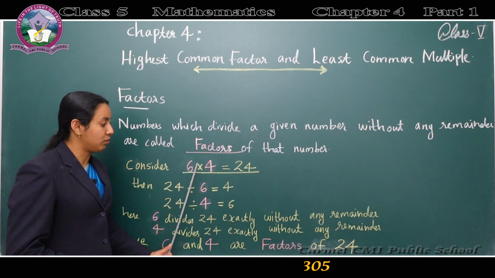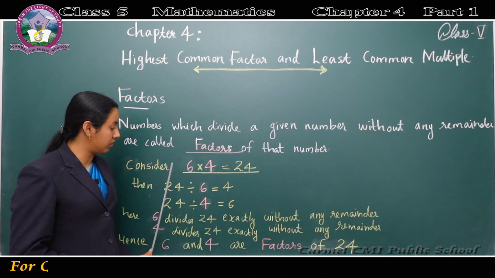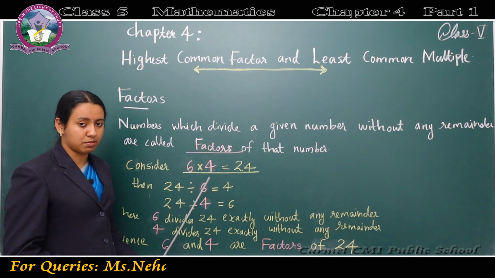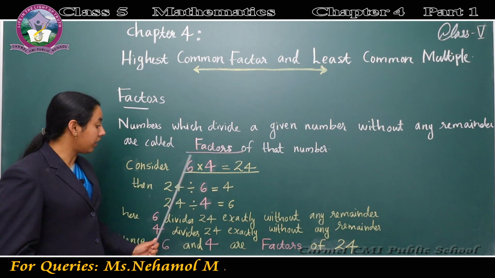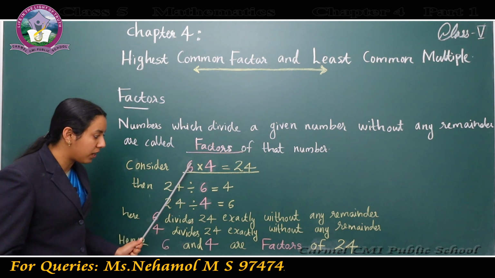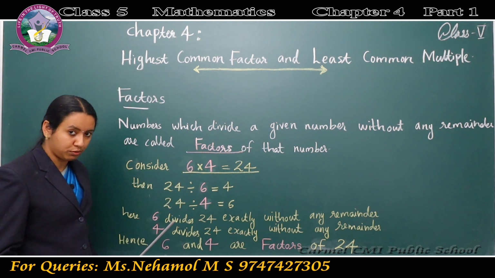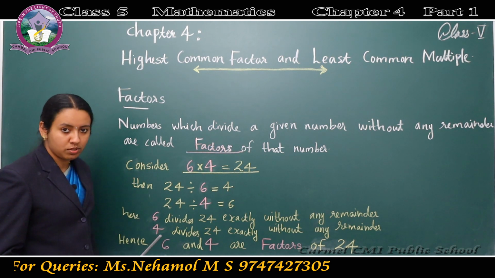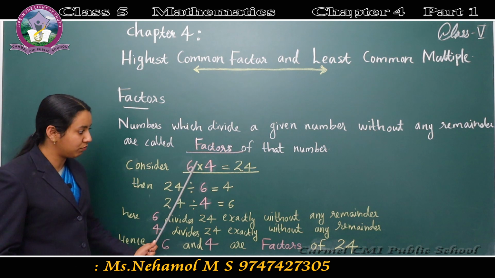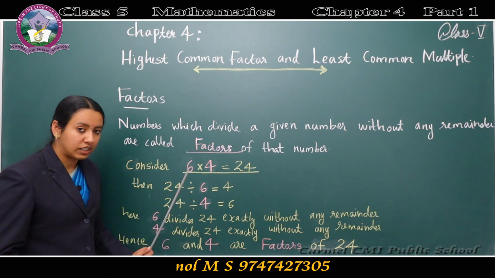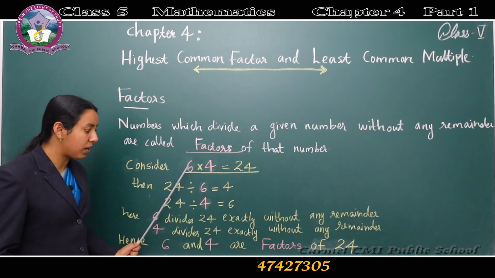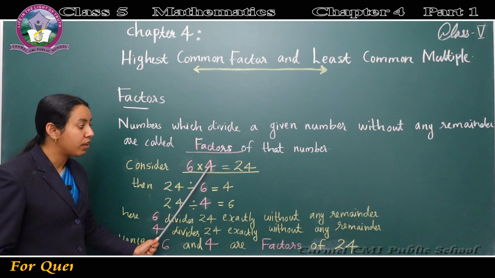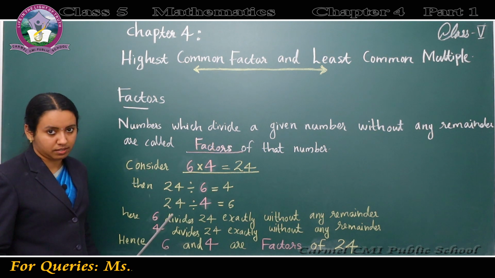Consider a multiplication fact, 6 into 4 equal to 24. Here 24 divided by 6 is equal to 4 and 24 divided by 4 is equal to 6.